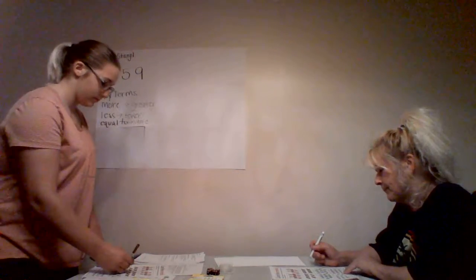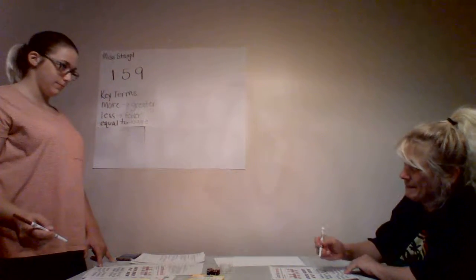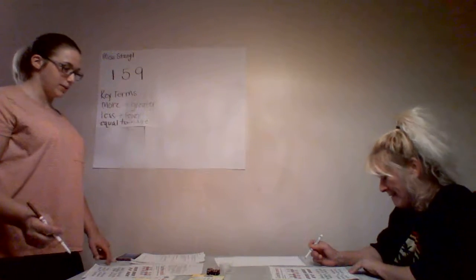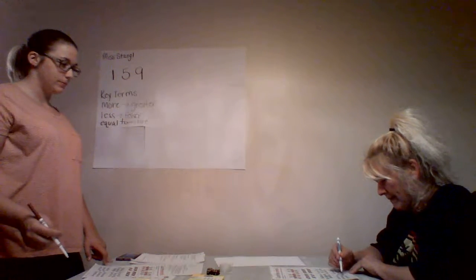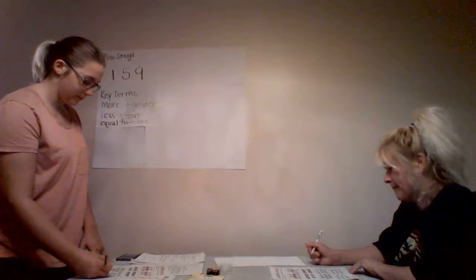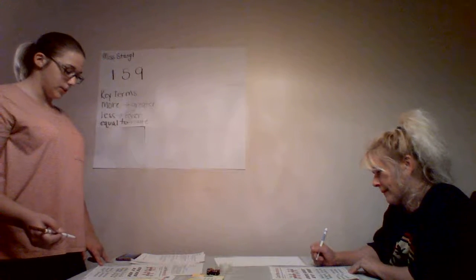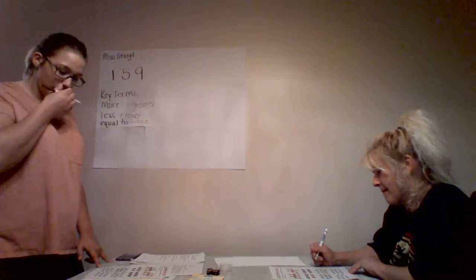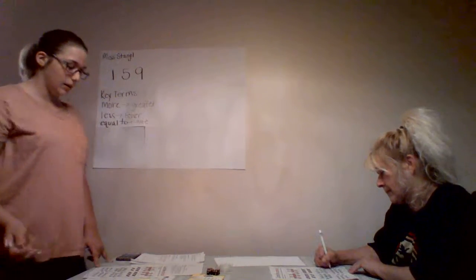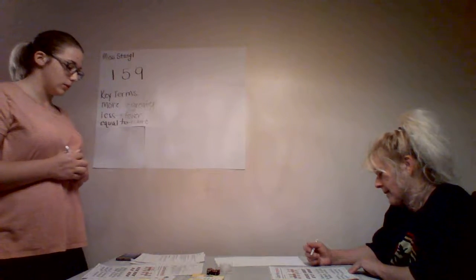Okay. And then can you count the mice in the first column? 11. Alright. And remember, 11 is just 1, 1. And then how many mice are in the second column? 12. Okay. And 11 or 12, which one is greater? Which one is the most? 12. Alright, good job.